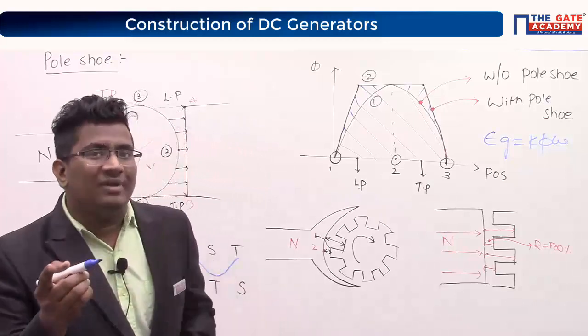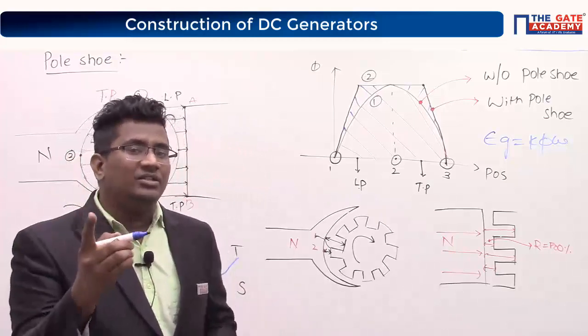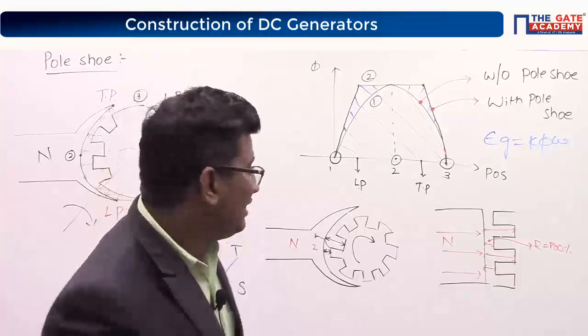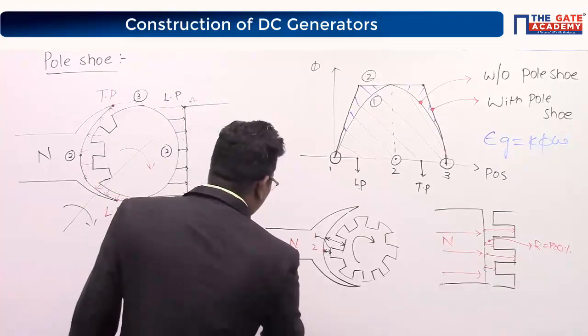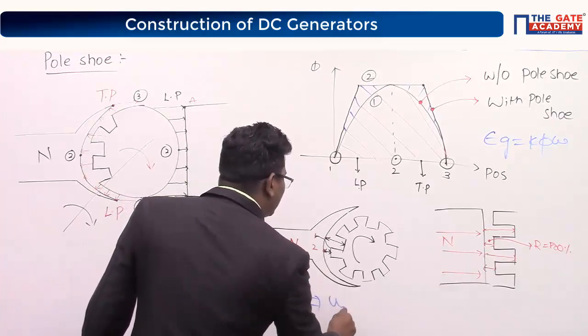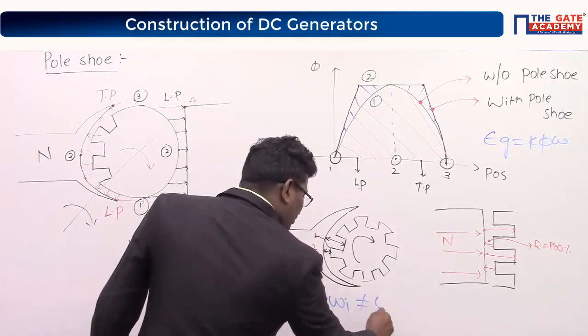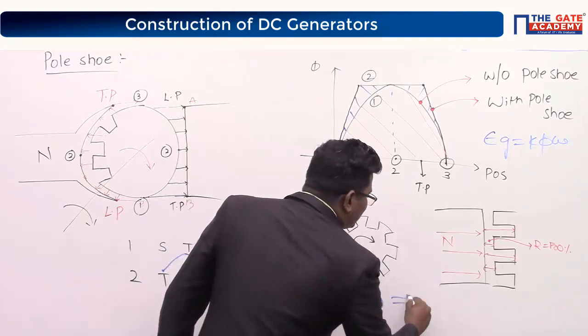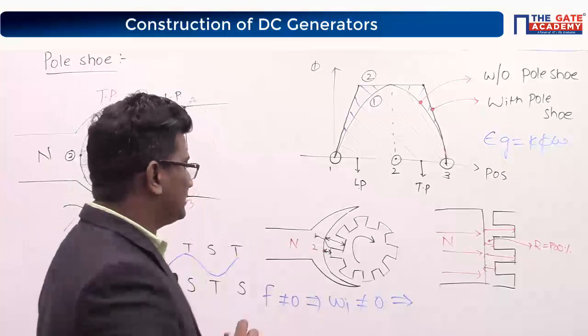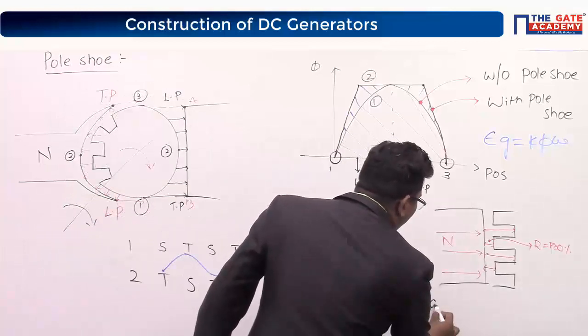Having a frequency means you need to do laminations or not. If it is having a frequency, here frequency is not equal to 0, therefore iron losses are also not equal to 0. If iron losses are not equal to 0, you need to do laminations. This is a very important bit.